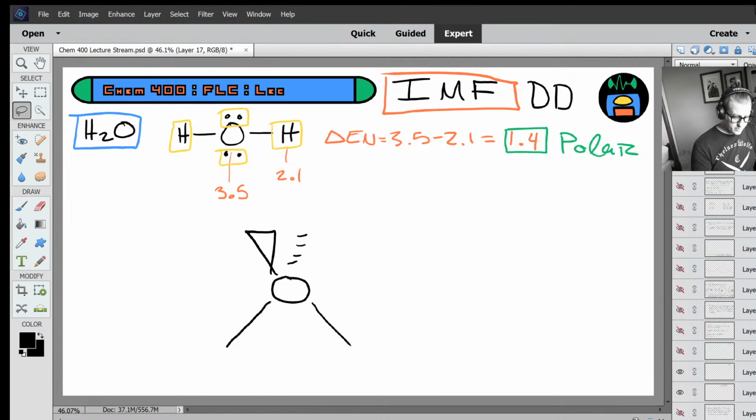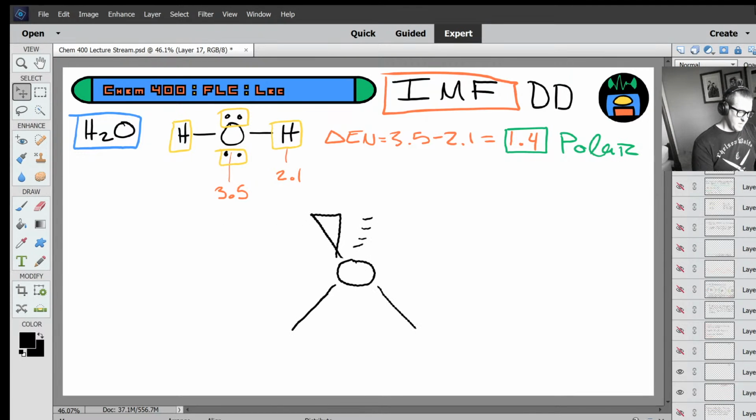You may be wondering why I'm drawing this thing all weird up on its side. You will see soon. So we need to arrange our 4 electron groups around our central atom. I'm going to put my hydrogens here and here. And then stick my lone pairs up here.